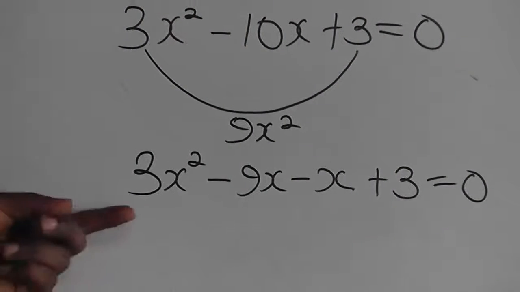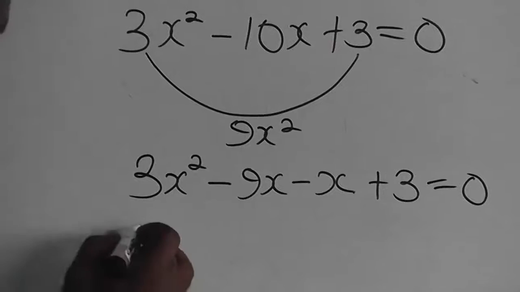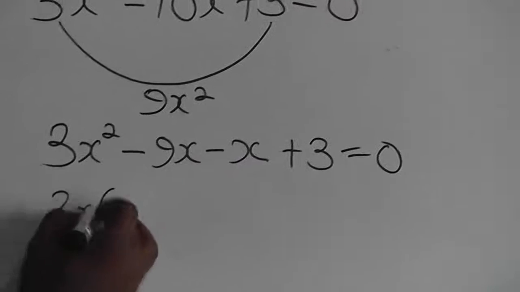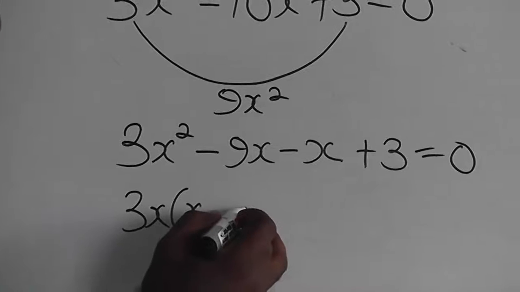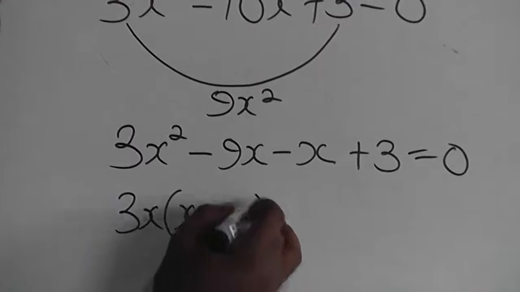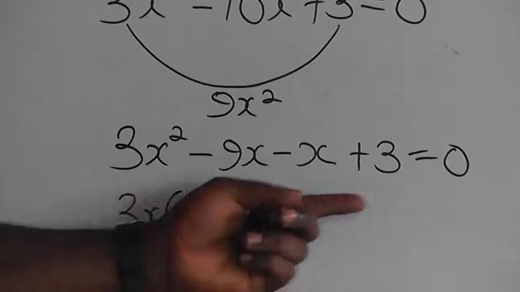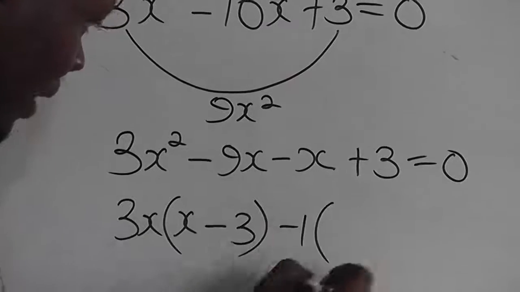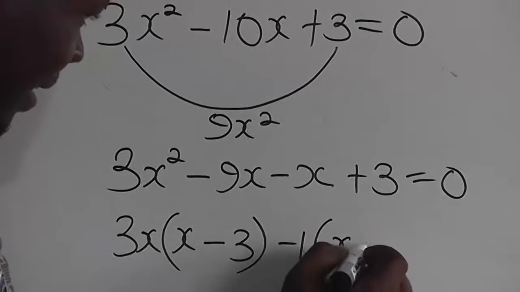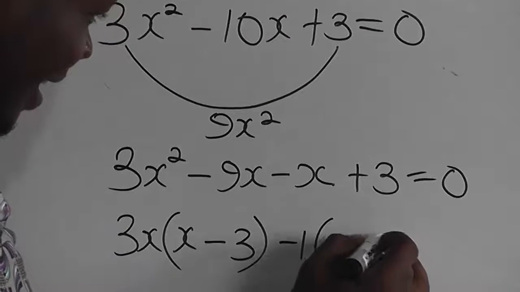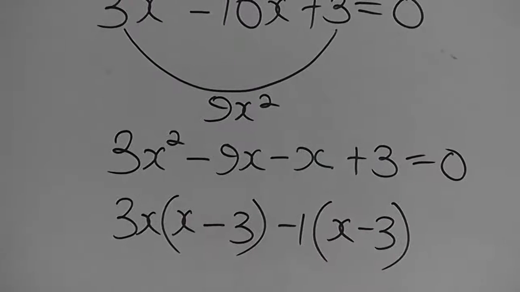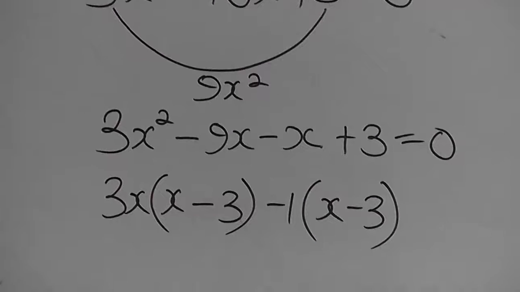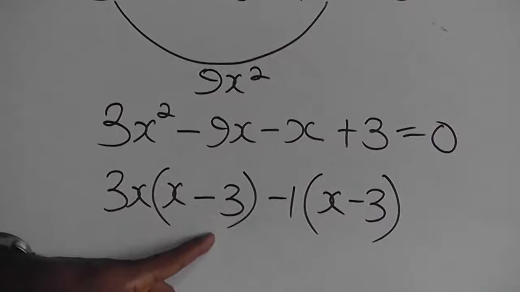So the factor here is 3x into bracket x minus 3. And the factor here is minus 1 into bracket x minus 3. If you expand this, you get this. Don't forget when you're factorizing, whatever you have in this bracket must be the same.